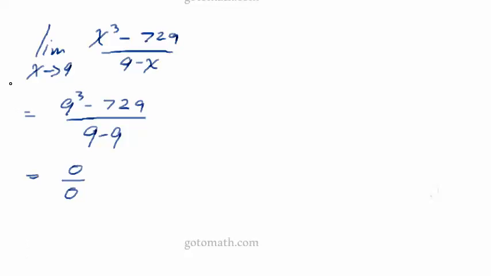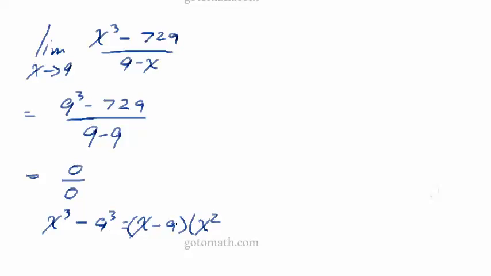factor the numerator. That means you have to remember how to factor the difference of two cubes. First, let me write this down: x cubed minus 9 cubed. This is how it works out. We say x minus 9, and then x squared.